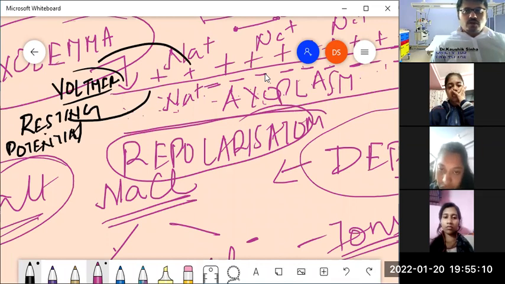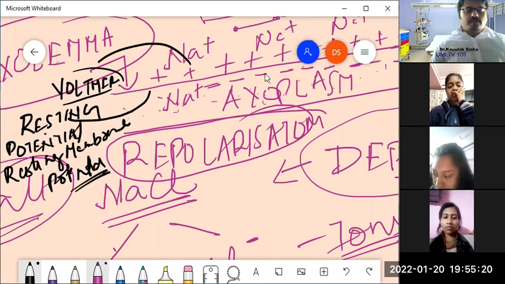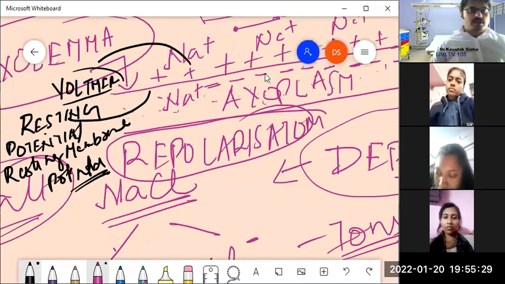Or we can also call this resting membrane potential. When there is no impulse being transmitted, when there is no depolarization occurring, the voltage we measure with the voltmeter is the resting membrane potential.